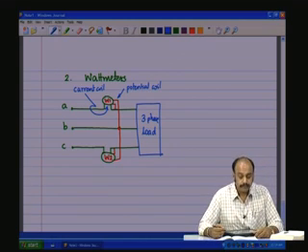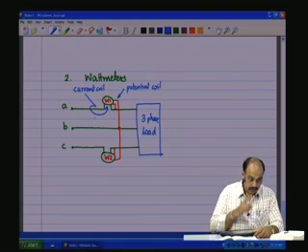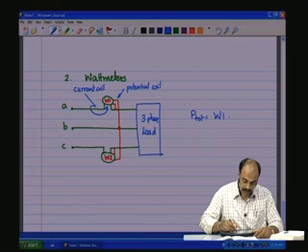Now, on taking these measurements, the power P total is equal to the reading of W1 plus the reading of W2.